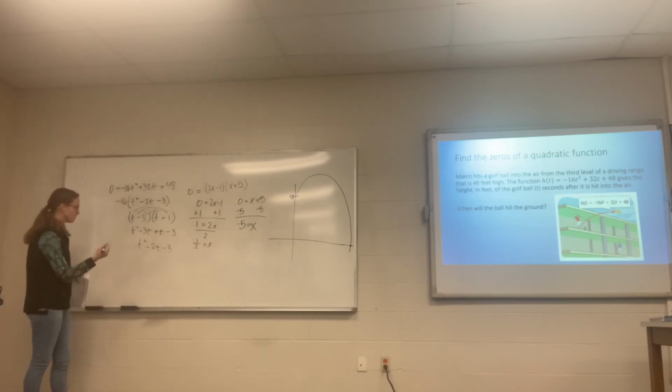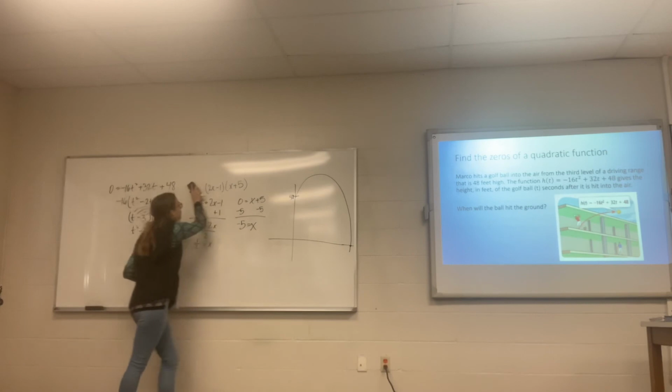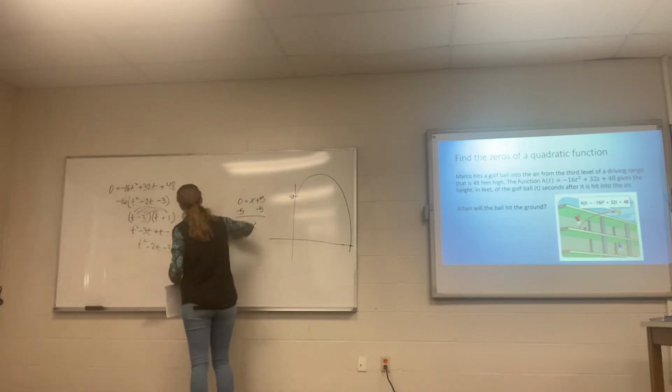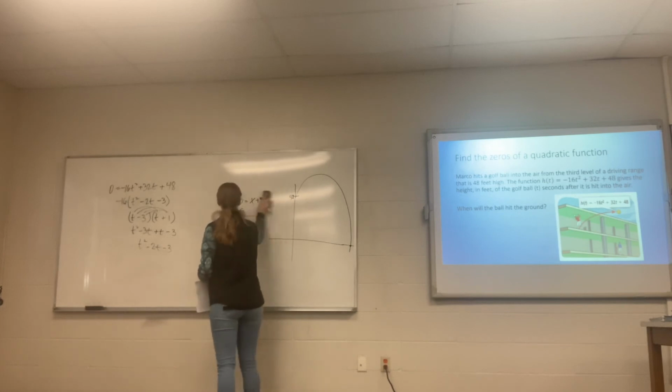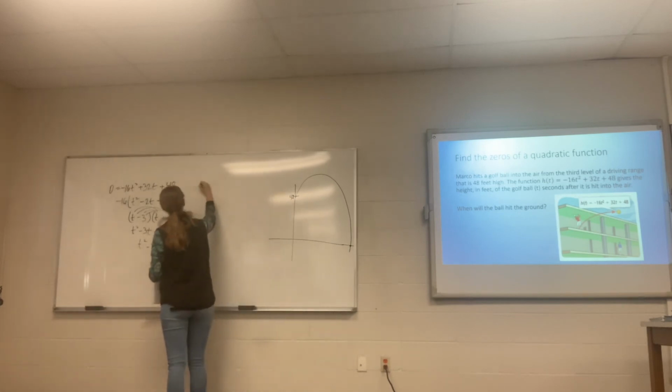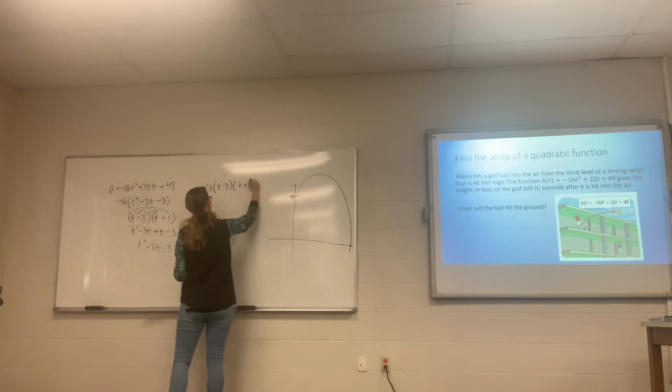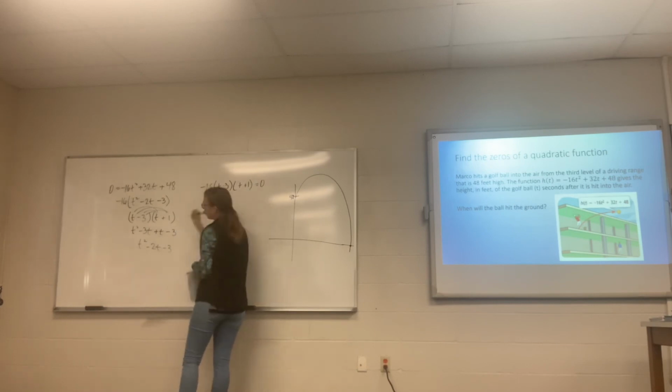Okay, so if I come over here, I know that my factors truly are t minus 3 and t plus 1. So I have this negative 16 pulled out still. T minus 3 and t plus 1 is equal to 0.